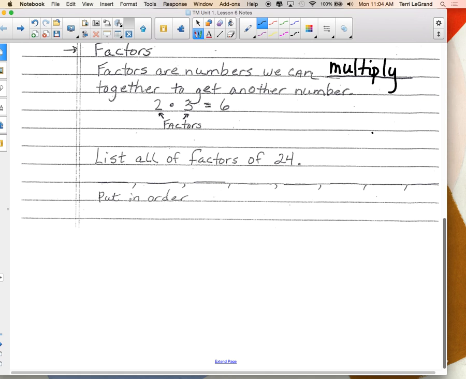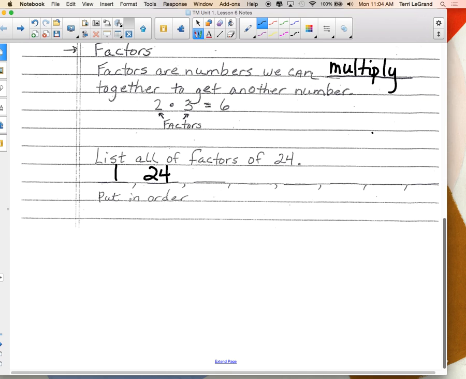So we're going to list all of the factors of 24, all the ways that we can get pairs of numbers to become 24. Well, a good place to start is always at 1. 1 times what is 24? 24. Let's move from 1 to 2. Does 2 go into 24?